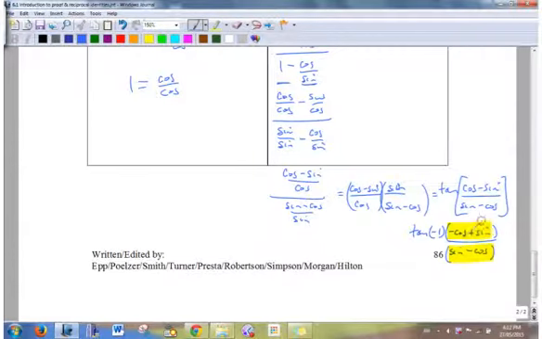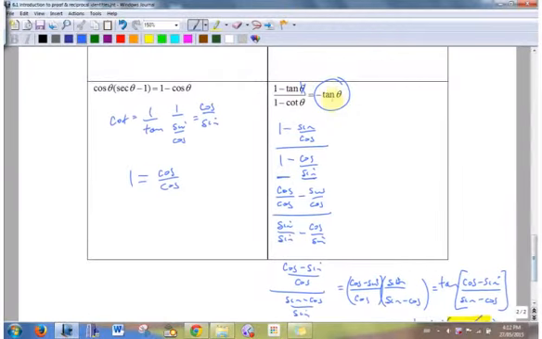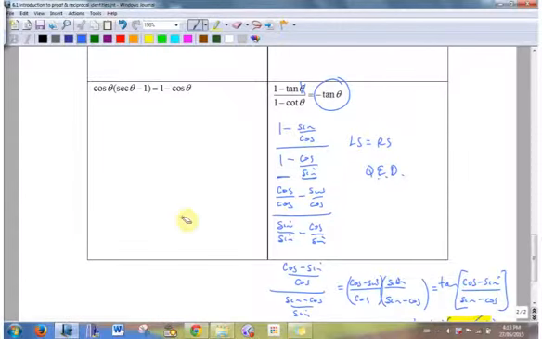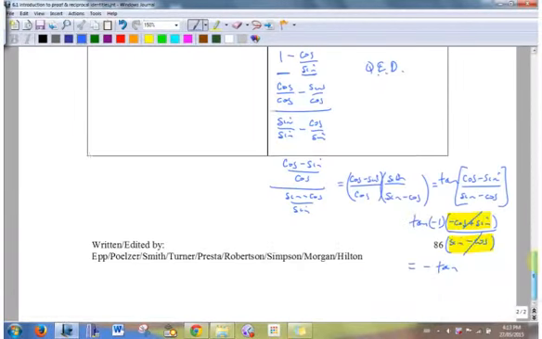It is. So anything divided by itself is 1, and there is my negative tangent. Left side equals the right side. QED. Okay, that's method 1. Works. That's quite a bit of stuff.